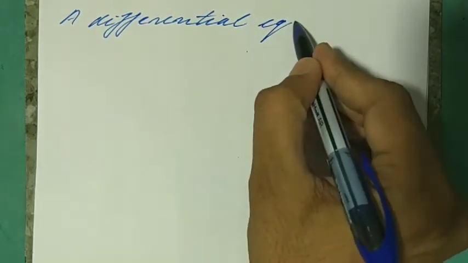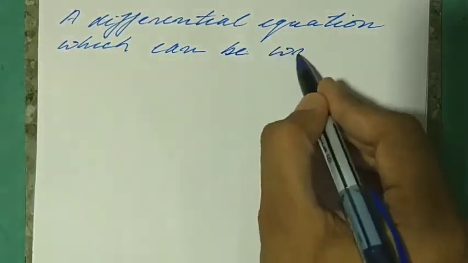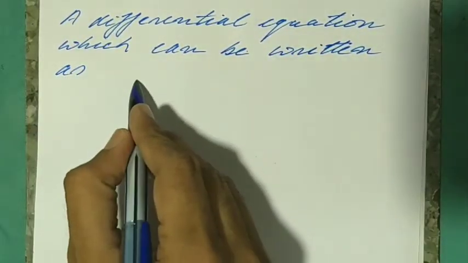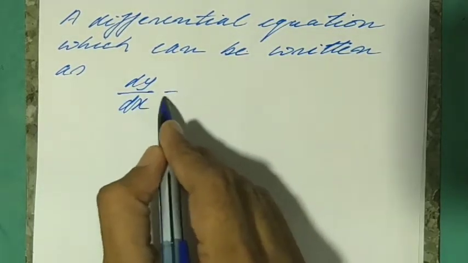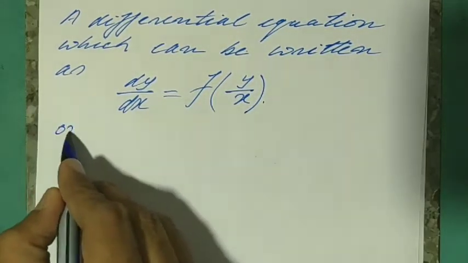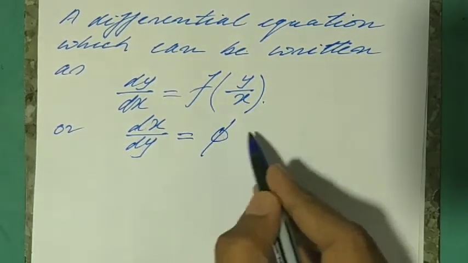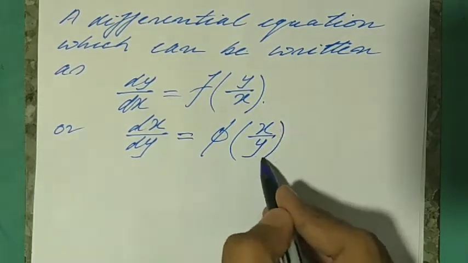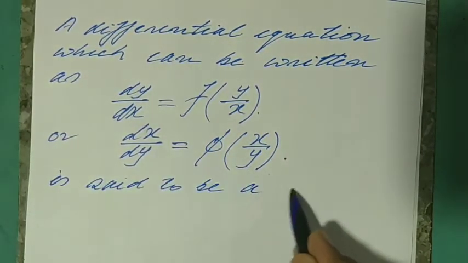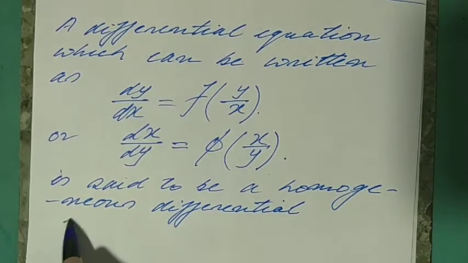A differential equation may also be defined as a differential equation which can be written as dy/dx = a function of y/x, or dx/dy = a function of x/y, is said to be a homogeneous differential equation.